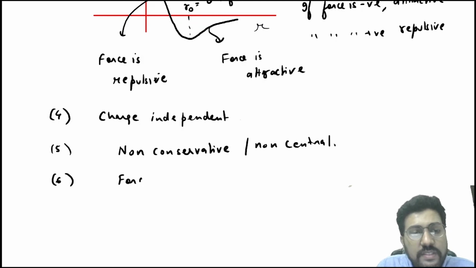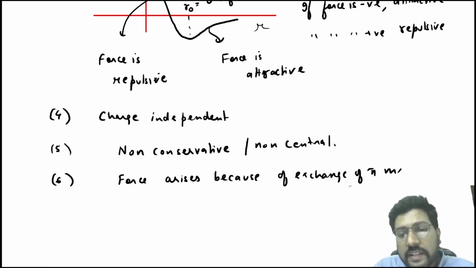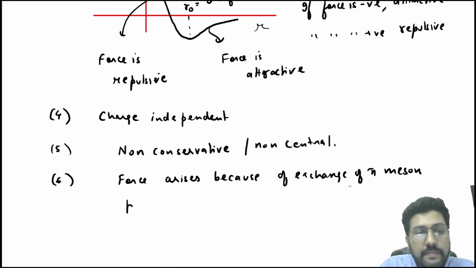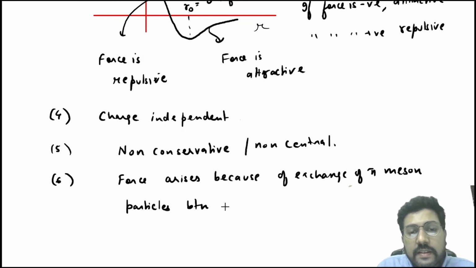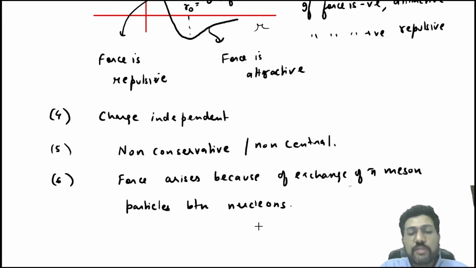So this force arises because of exchange of pi meson particles between nucleons. So there is an exchange of certain particles between nucleons due to which this attraction or repulsion comes, and these particles are pi meson particles.